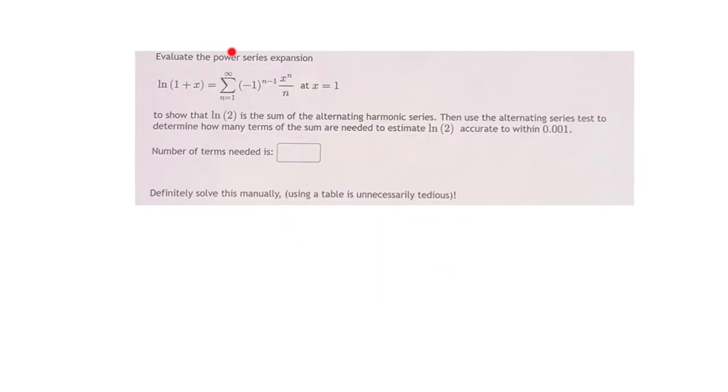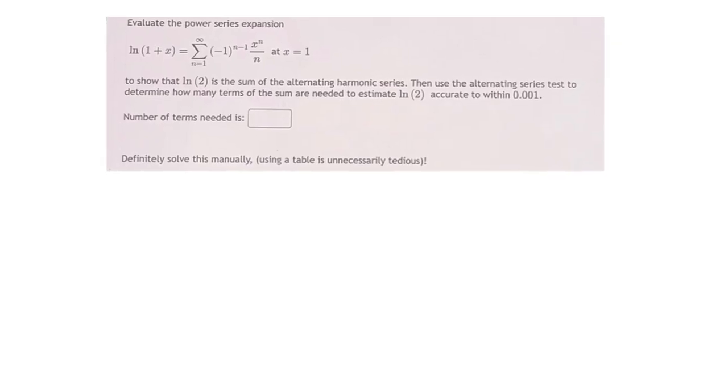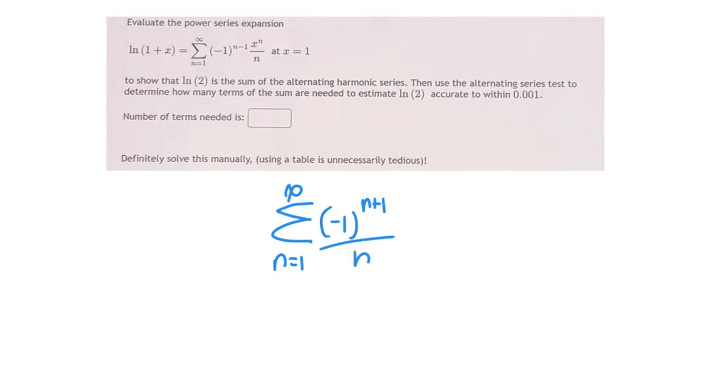Okay, evaluate the power series expansion to show that ln of 2 is the sum of the alternating harmonic series. Right, so the alternating harmonic series in general, for my student watching, could be represented as following, where we have negative 1 to the n plus 1 all over n.